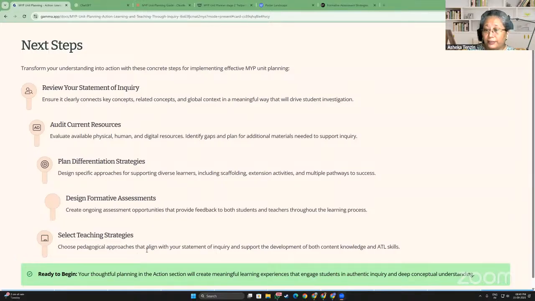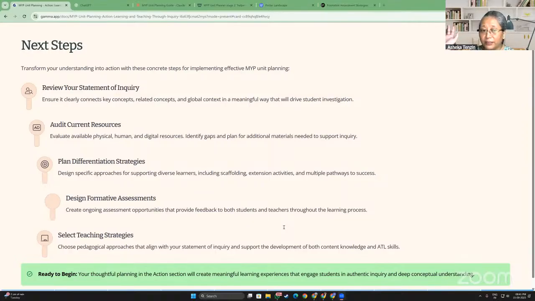Select teaching strategies. Choose pedagogical approaches that align with your statement of inquiry and support the development of both content knowledge as well as ATL skills. So when I look at teaching strategies, I'm going to look at ATLs: strategies that will help in teamwork and collaboration, inquiry-based learning, conceptual understanding, global context, local context, formative assessments, and differentiated instruction.